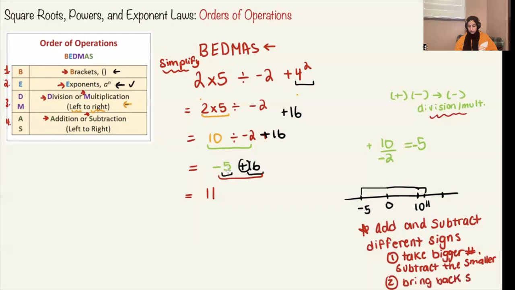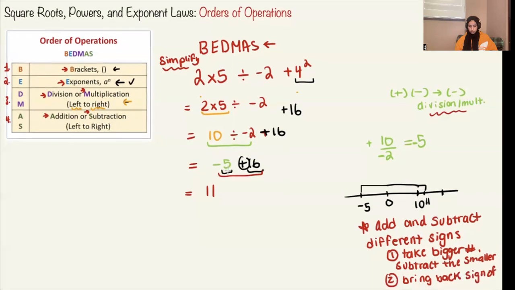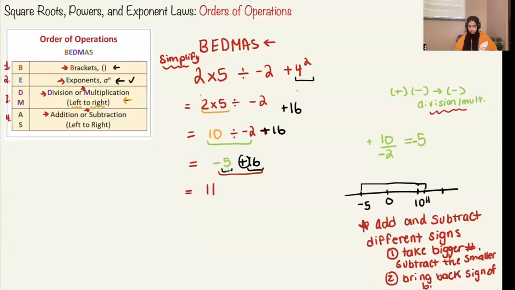Bring back the sign of the bigger number. So over here, for instance, I would have done 16. What is 16 minus 5? Well, that's 11. And then I bring back the sign of the bigger number, which was positive. So positive 11. Okay.